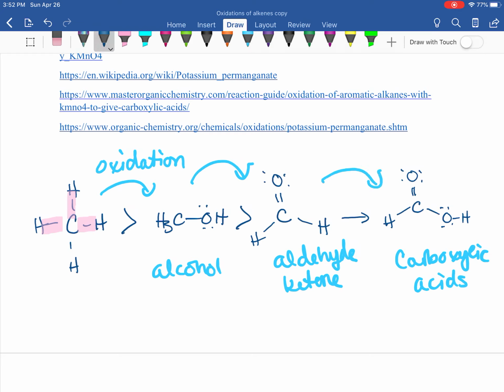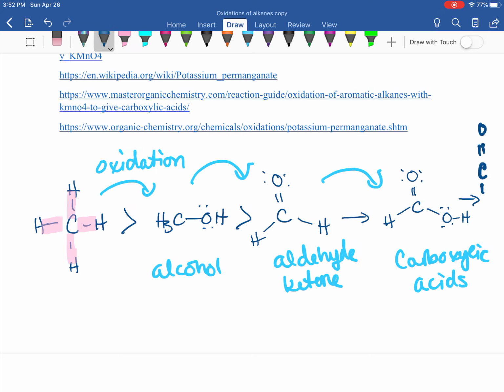That is the carboxylic acid. So that is our next highest level in oxidation levels. And then as we go one level higher, and I kind of ran out of space, is it possible to swap all 4 bonds to hydrogen with oxygen? We sure can. And what we're going to make is carbon dioxide.